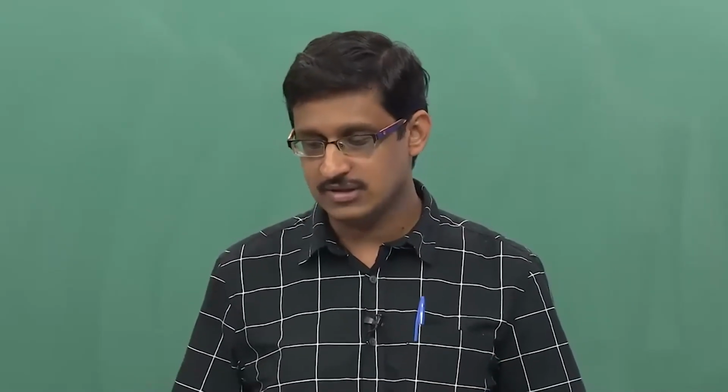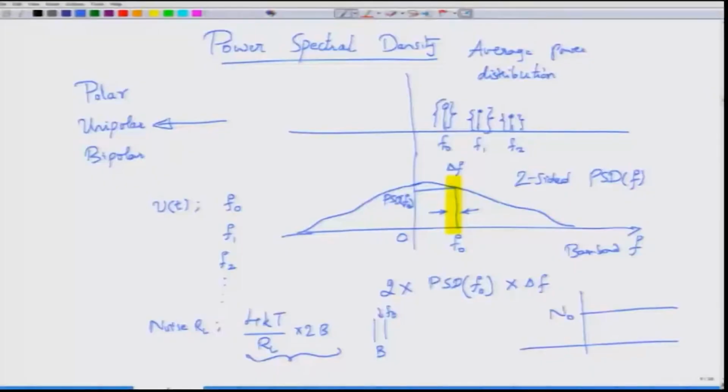You can also have a one-sided power spectral density. For example, a noise waveform having a one-sided power spectral density is given by N0 as a function of frequency.